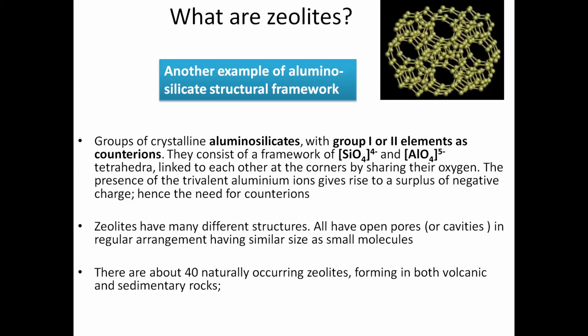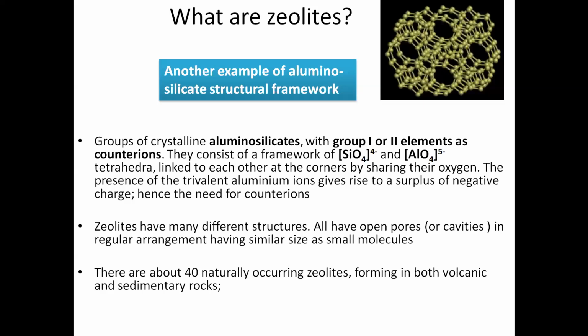This is another example of an aluminosilicate framework structure, where again, just like clays, we have silicon and aluminum. So zeolites are groups of crystalline aluminosilicates with group 1 or group 2 elements as counterions.